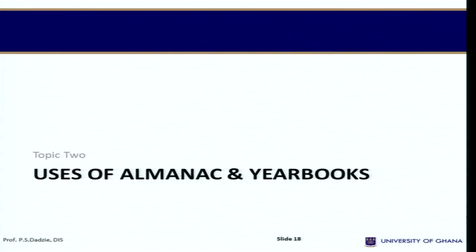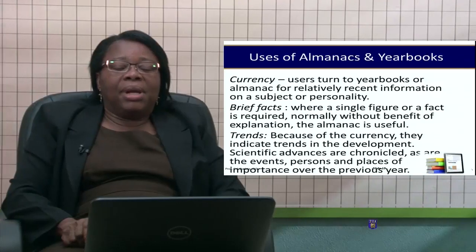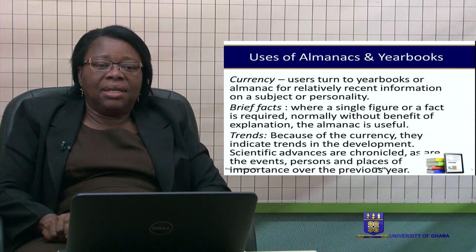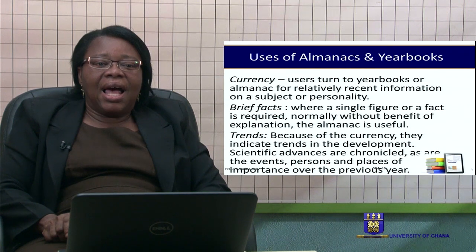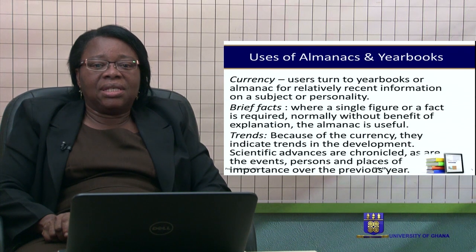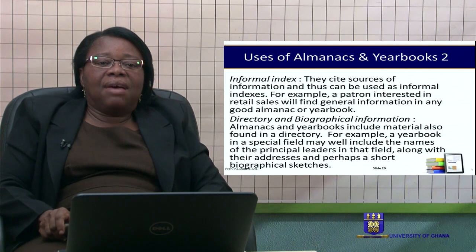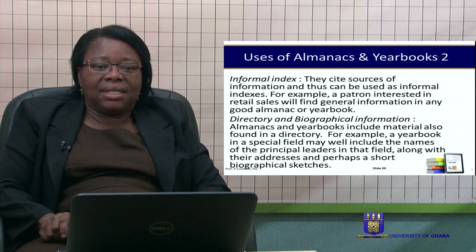Usefulness of almanacs and yearbooks. Why will you use almanacs? Why will you use yearbooks? Now, you use almanacs and you use yearbooks because of their currency. They have up-to-date information. They provide brief facts. They allow you to follow the trends of events. They can serve as an informal index.